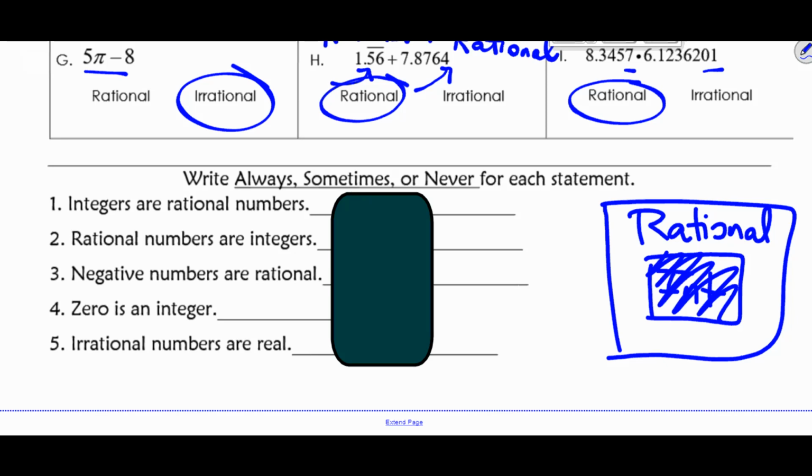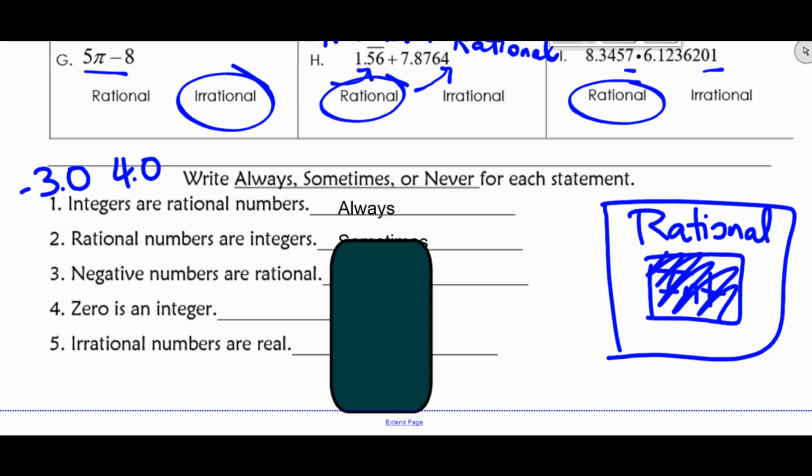For example, negative 3.0. That's an integer. 4.0. That's an integer. Those are both rational numbers. They're decimals that stop, and they can also be written as fractions. That will always happen. No matter what integer you have, it is always going to be rational.